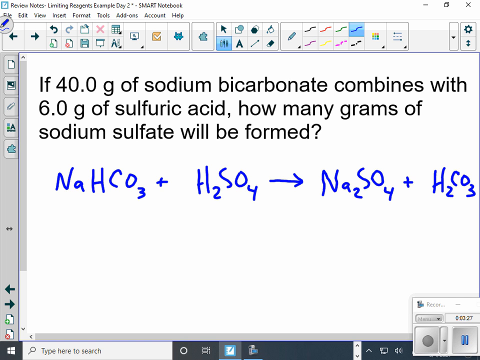So, just to save time, there's my reaction. To balance it up, I'm going to have a 2 here. I'm going to have a 2 here. So there is my balanced chemical equation.